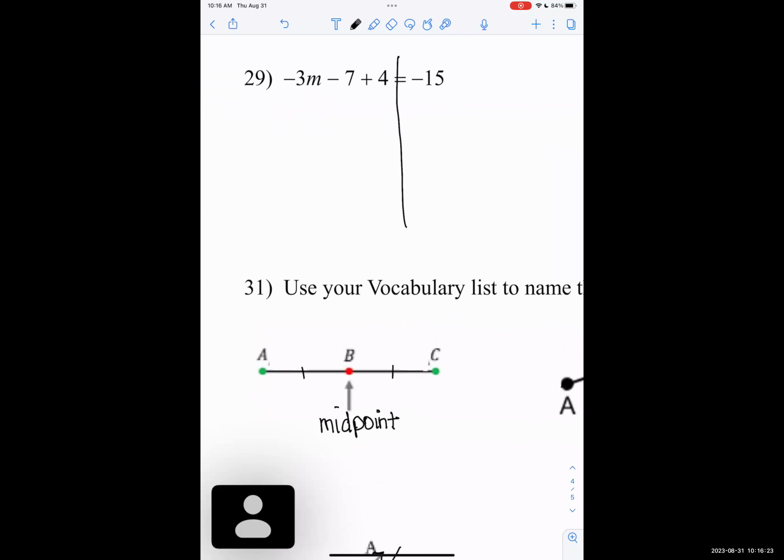Okay, step number 1. What are we going to do, Zoomers? Okay, step number 1 is combine like terms. Do you see any like terms that you can combine?